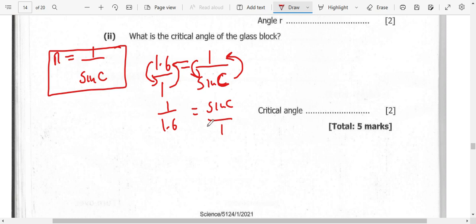I've swapped them. Now sine c divided by 1 is simply sine c. And then I'll divide 1 by 1.6. 1 over 1.6, that is going to be 0.625.